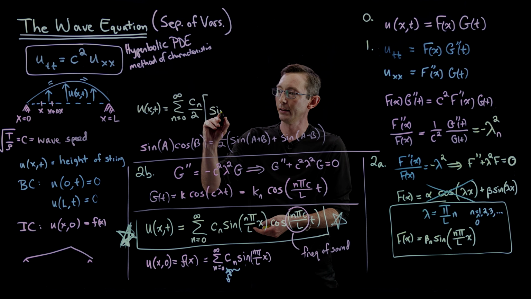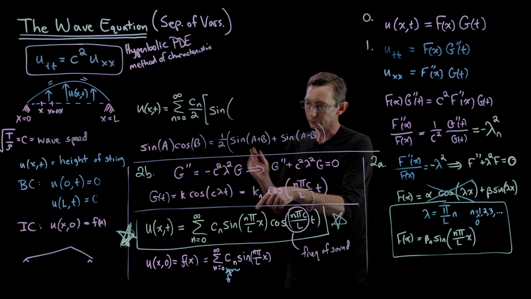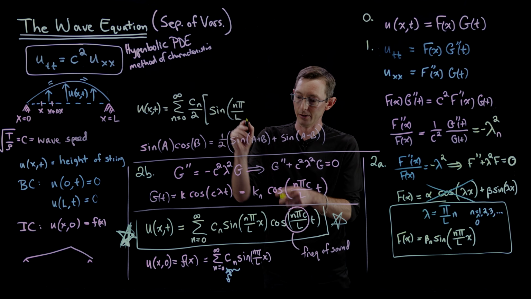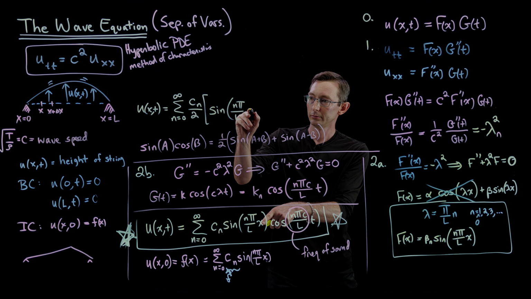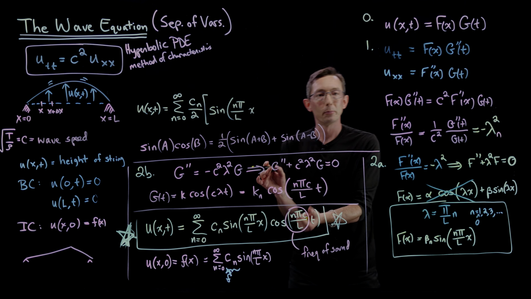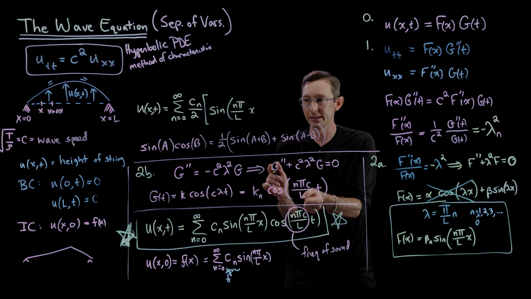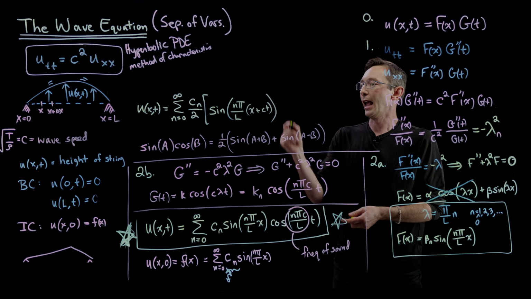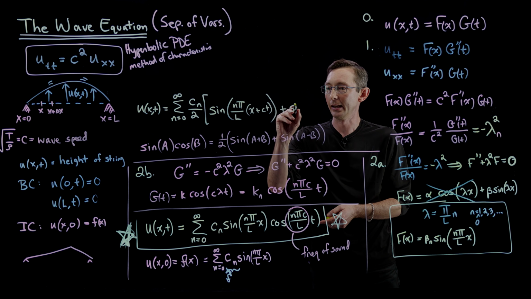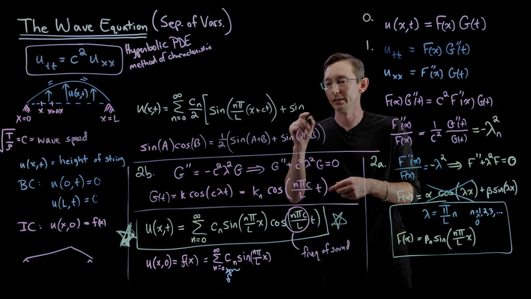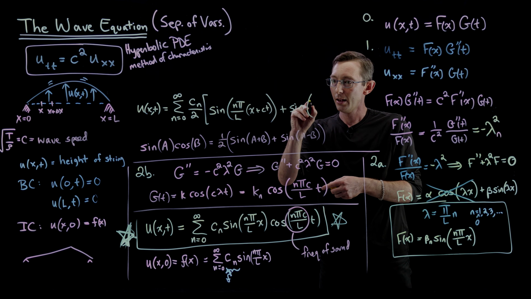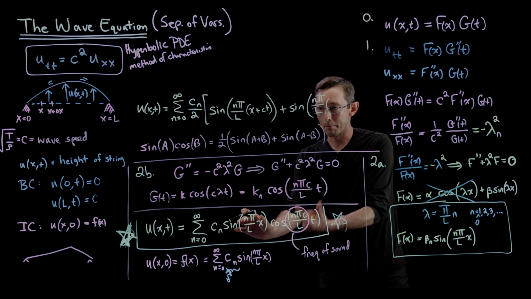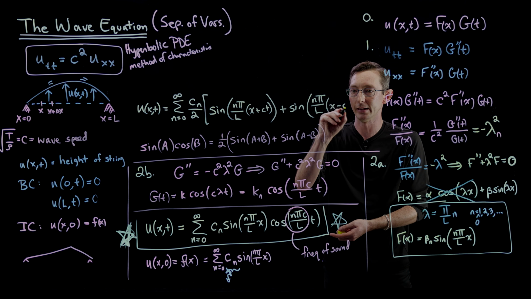So that's sine of n pi over L x plus n pi over L ct. So I'm just going to say plus ct. And plus sine, I'll go back and we'll double check that I didn't mess anything up, n pi over L. And now it's this minus this. So that's x minus ct.